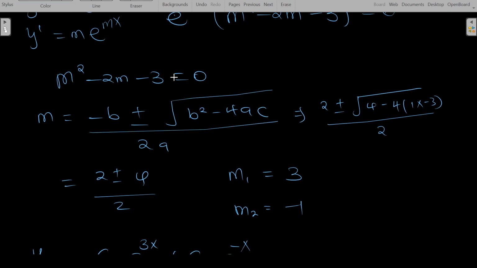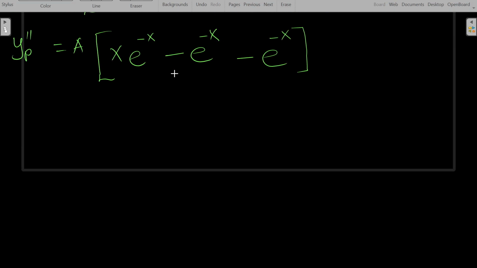So that's what we'll be doing here. If I open this bracket with the a, this is a x e raised to negative x minus a e raised to negative x minus a e raised to negative x.